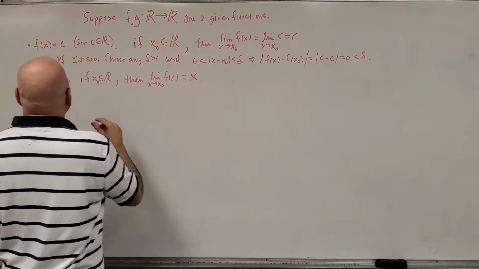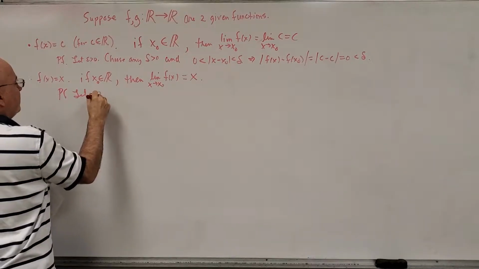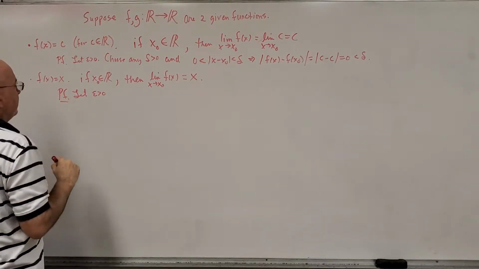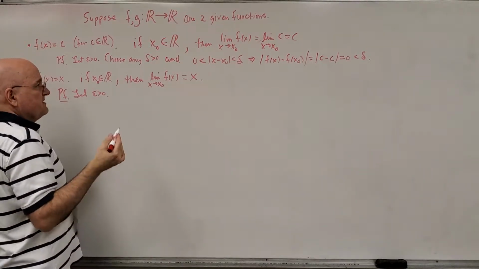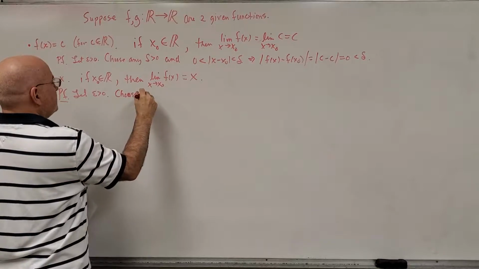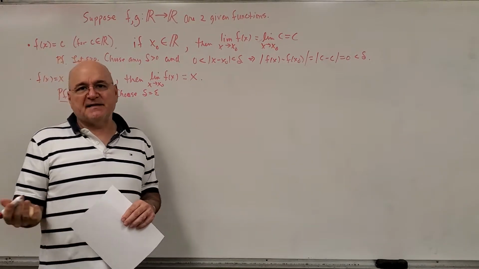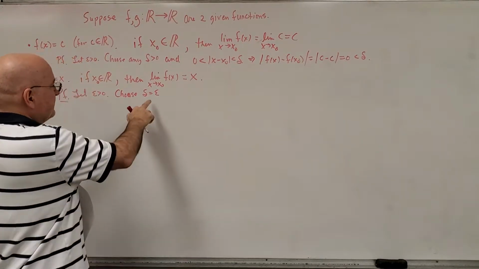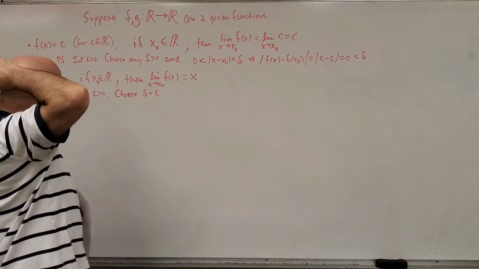All right, how would we prove that? Let epsilon greater than 0 be given. This isn't the only way to prove it, but we could just simply say choose delta equal to epsilon. If we picked any positive number less than epsilon, it would work as well. This is about the worst or best possible case, however you're looking at it.